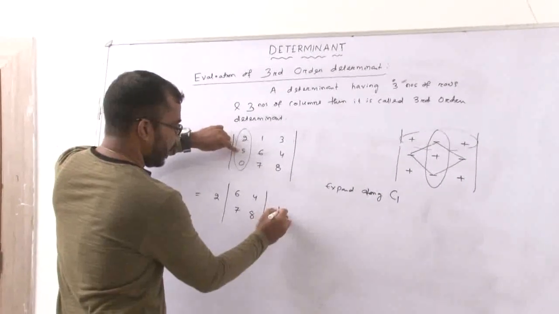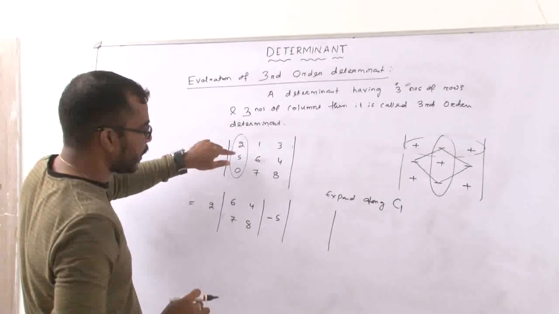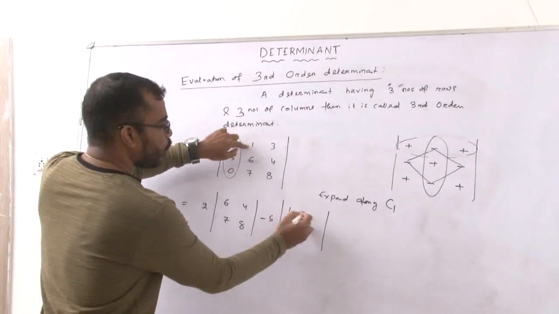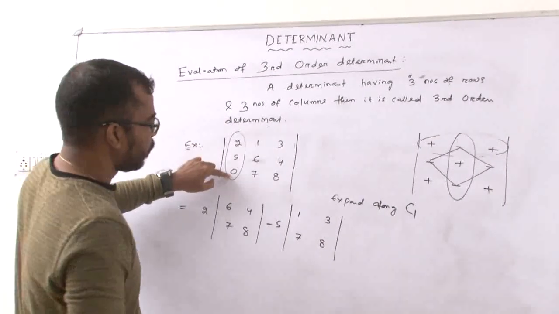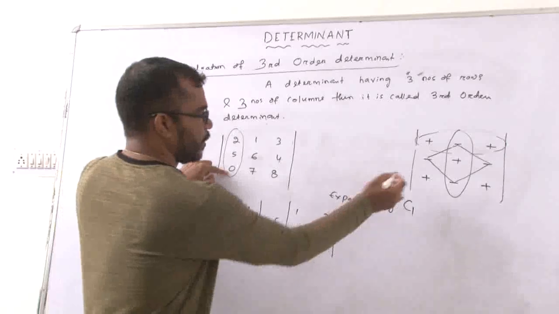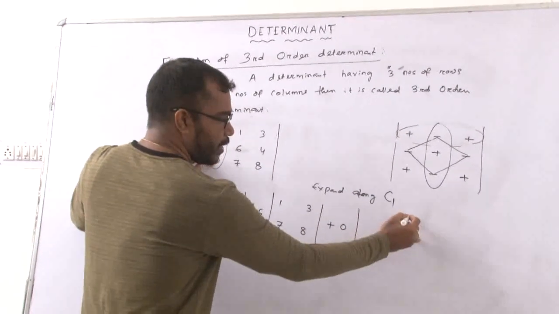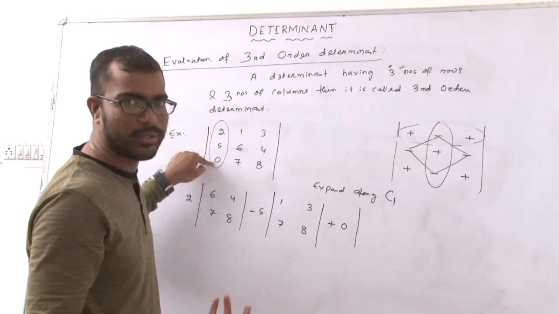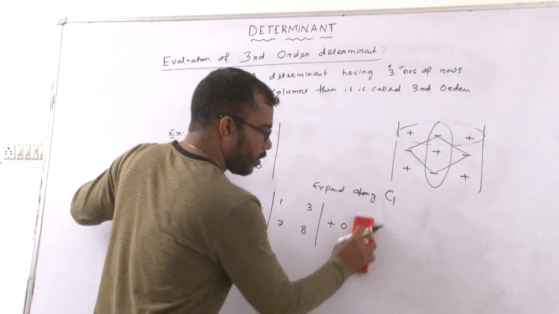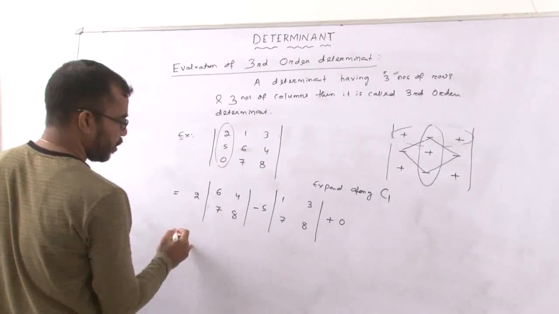So minus 5, and if we delete the row and column containing 5, we get 1, 3, 7, 8. And the third one is 0. The sign is plus. So plus 0 into, we cannot write this because if we multiply 0 by any number, we get the result 0. So we do not need to write the other determinant.